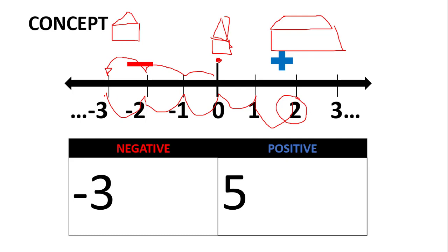Tapos, naglakad sila forward papunta sa school nila ng 5 kilometers. We have 1, 2, 3, 4, 5. So, it means na yung school nila ay nasa kilometer 2 or nasa point 2.